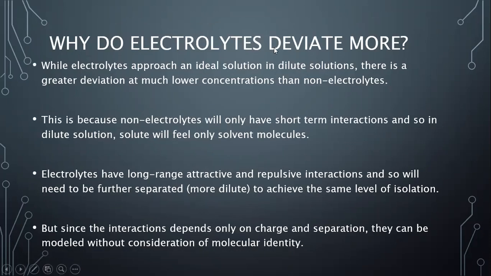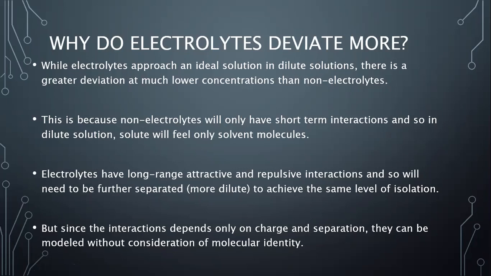So the question is, why do electrolytes deviate so much? Well, for electrolytes to approach an ideal solution, we need really dilute solutions. There is a greater deviation at much lower concentrations than for non-electrolytes.